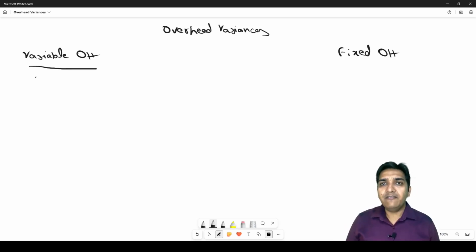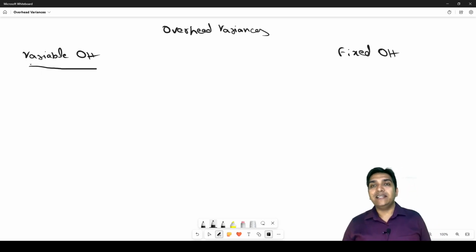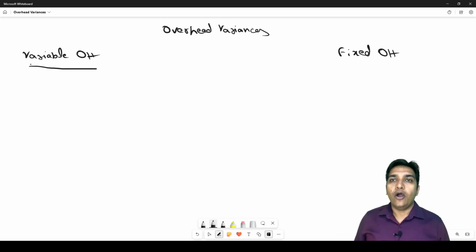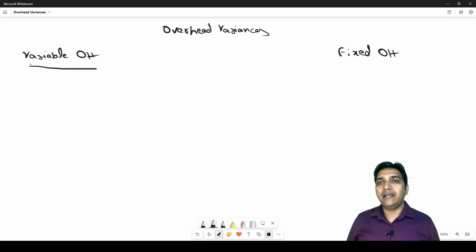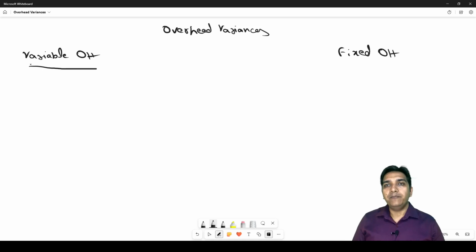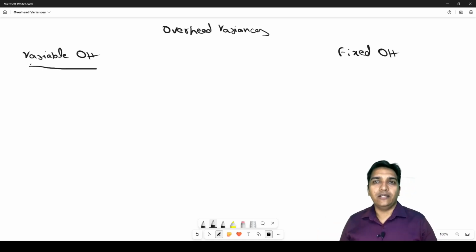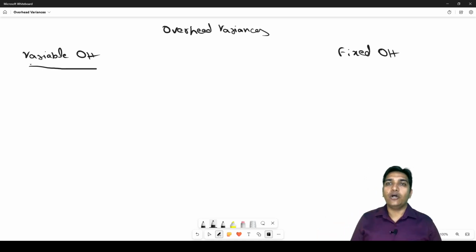Variable overheads are overheads which are variable in nature. What does variable mean? Let's say I require 10 rupees of material to manufacture 1 unit of a product. If I am manufacturing 1000 units, my cost would be 10,000. If I am manufacturing 2000 units, my cost will be 20,000.